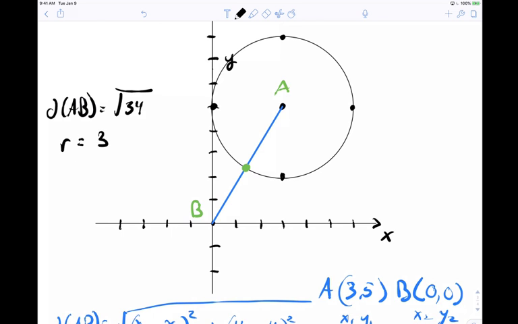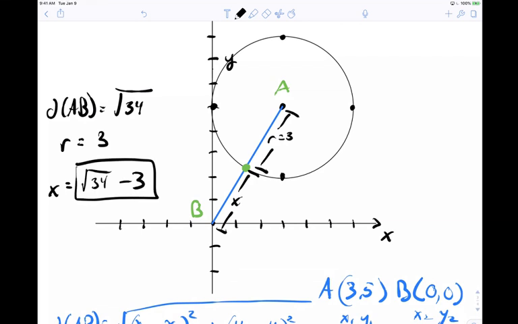So then our desired distance should be the distance of AB minus the radius. We'll label this as x, from here to here is x. We said the radius is 3 from here to here. So then x should be the square root of 34 minus 3. And this is indeed the correct result. Okay.